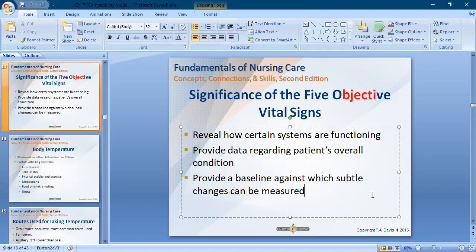When you find out the patient is unstable, you have to assign your staff who takes care of whom. For the patient whose vital signs are normal, you can assign the LPN to take care of them. But the patient who is unstable, you should take care of yourself, or you can assign an RN to take care of them, right? So delegation is important. Just observing the vital signs, you have to delegate to the RN or LPN.